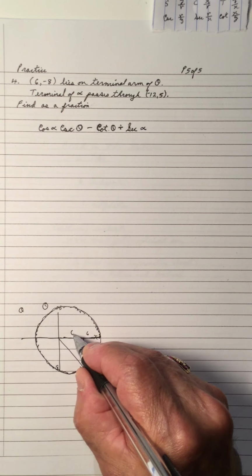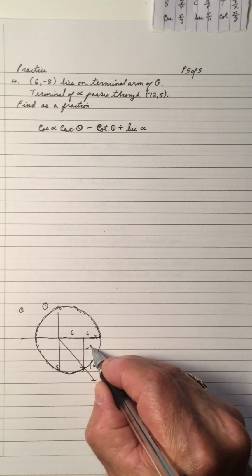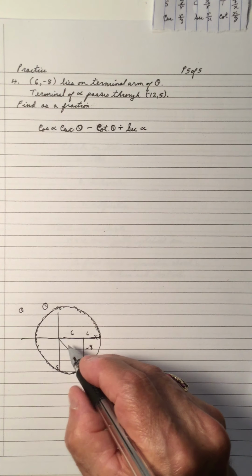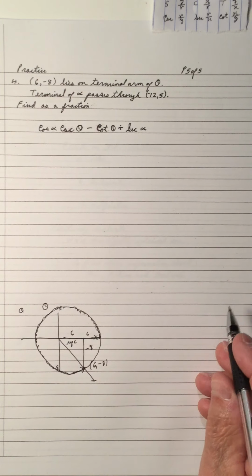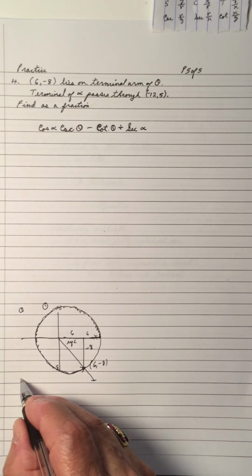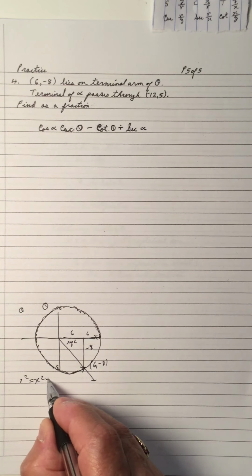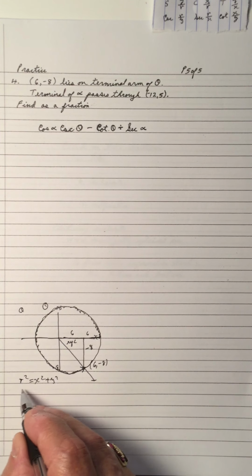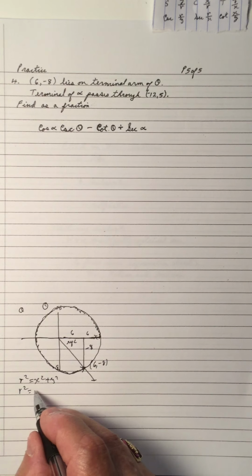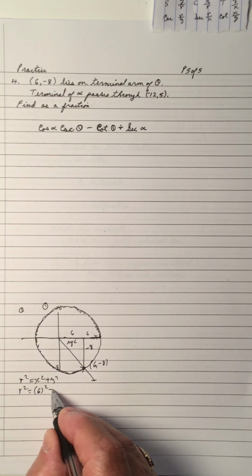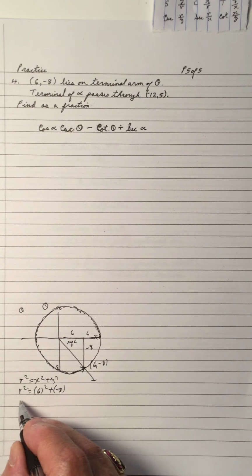That means the x is 6, the y is negative 8, and we work out the reference angle that's in this corner. And so we get r squared is x squared plus y squared. So r squared, x is 6, y is negative 8.